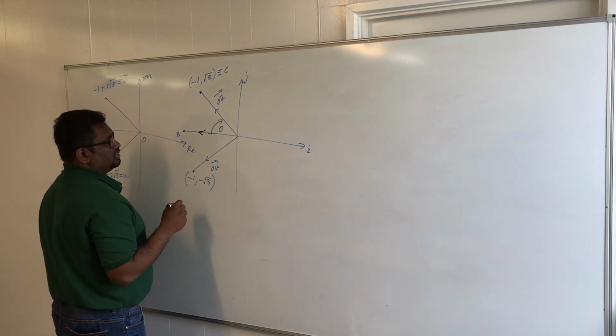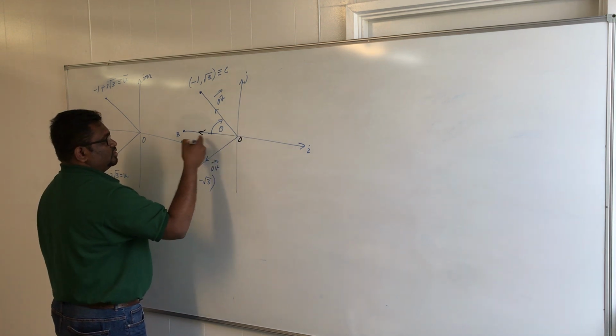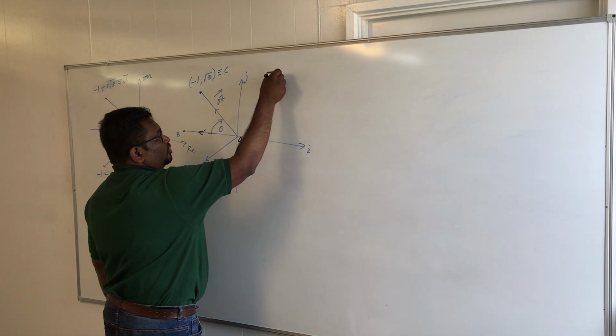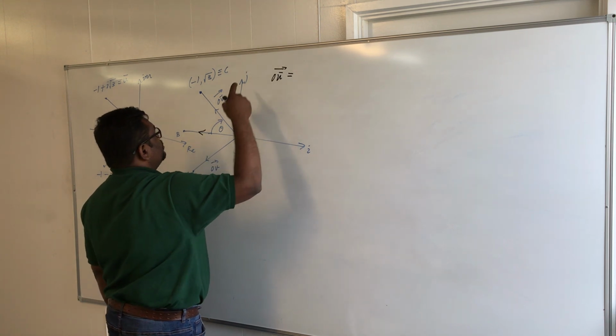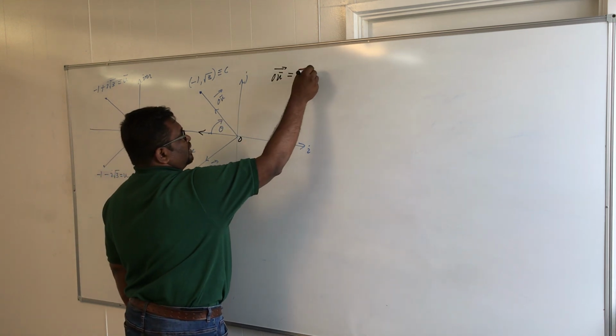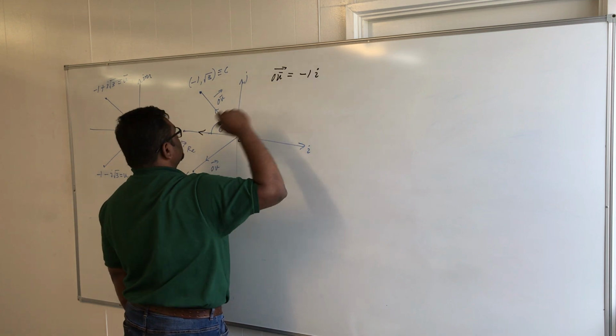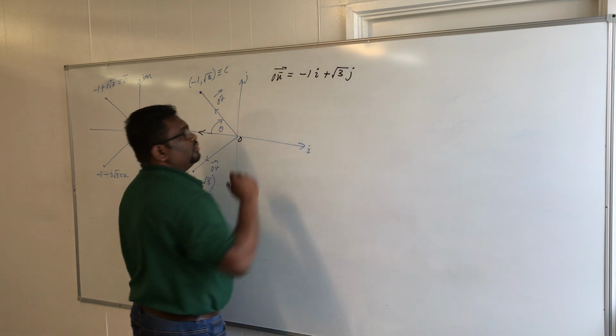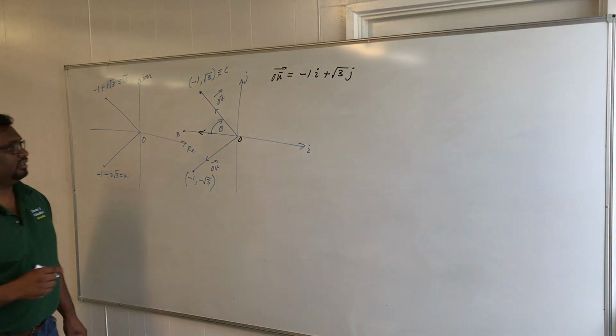So this one is OB, yeah? So what is OB vector now? So OU bar vector, that is going to be minus 1i plus square root 3j. You understand how you perform that there?